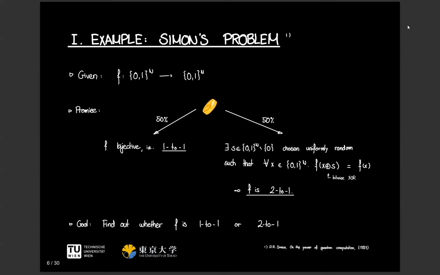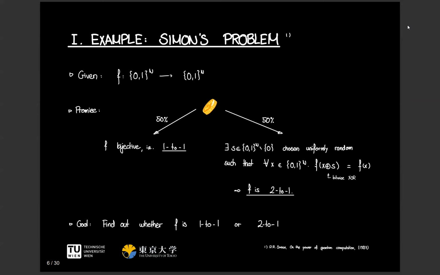Let's think of this as a two-party game. I'll choose some n-bit to n-bit function f, and I will toss a coin, and with 50% chance I will choose this function to be bijective, and with the other 50% chance I will choose this function to be a 2-to-1 mapping. More precisely, I choose a uniformly random bit string, which is not the 0 bit string, such that my function is invariant under an XOR operation with this bit string.